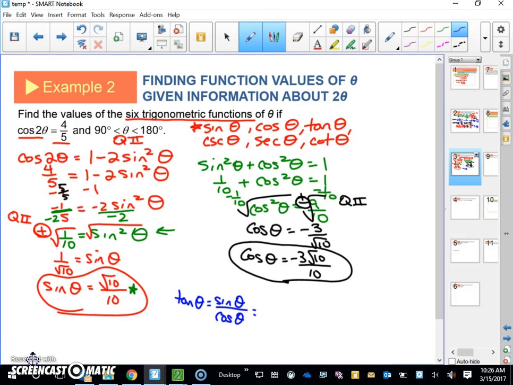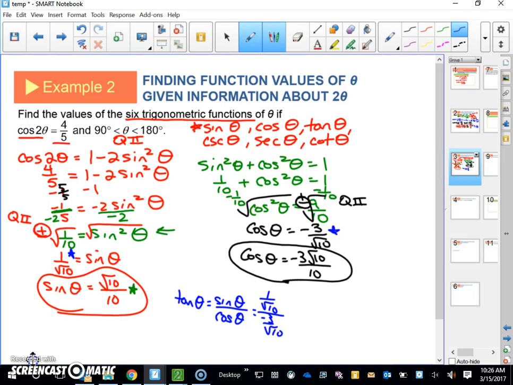The unrationalized version has the smallest numbers, and it's going to be easiest to work with. So I'd probably go back to my unrationalized value for sine, 1 over square root of 10. And my unrationalized value for cosine was negative 3 over square root of 10.